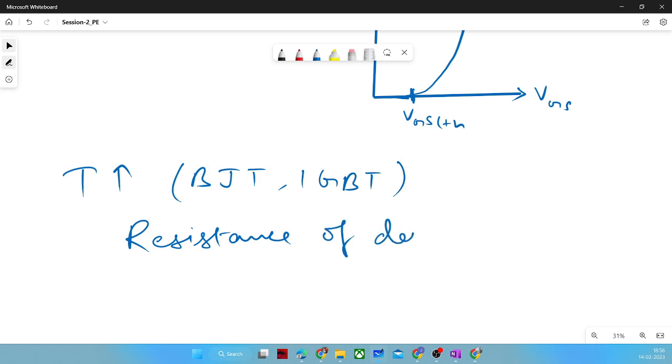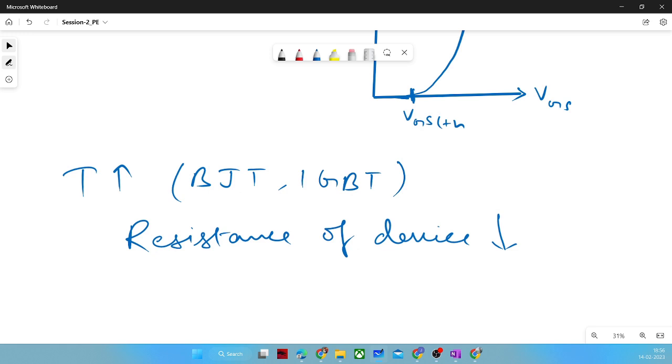Collector emitter terminal will be a negative temperature coefficient. Yeah, correct. That's what I was asking. So your resistance will decrease, and that's why thermal runaway kind of things happen in BJT or IGBT.